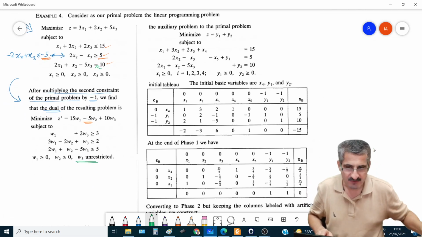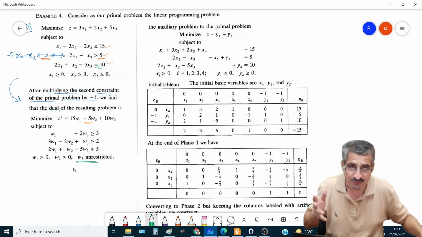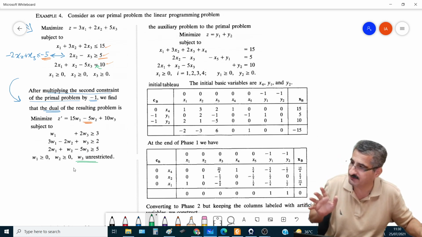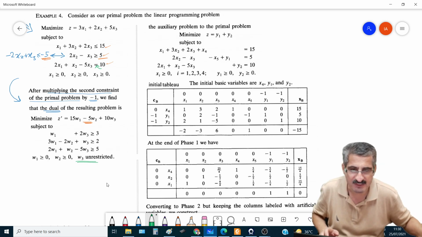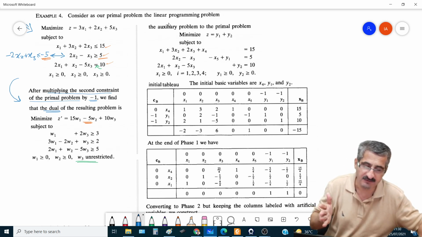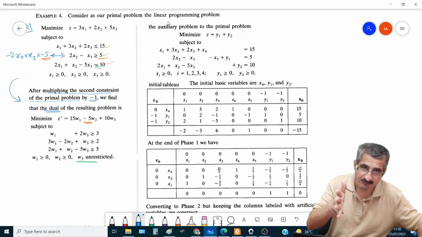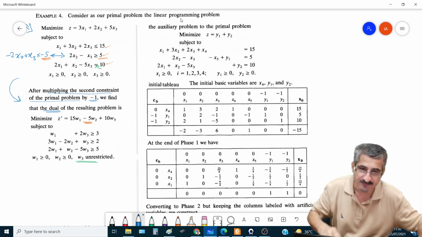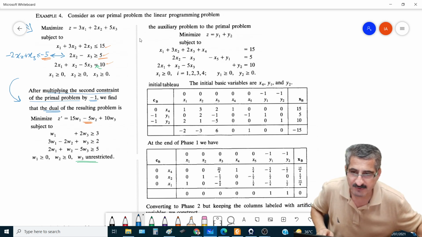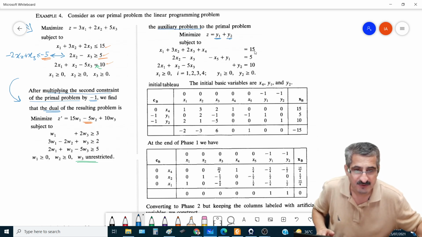Okay, now we want to find a solution for the dual problem at the left. So we will go and make the initial table and the final table of the primal problem. But we have to introduce artificial variables. Okay, so we got the auxiliary problem, and so we got the initial table.